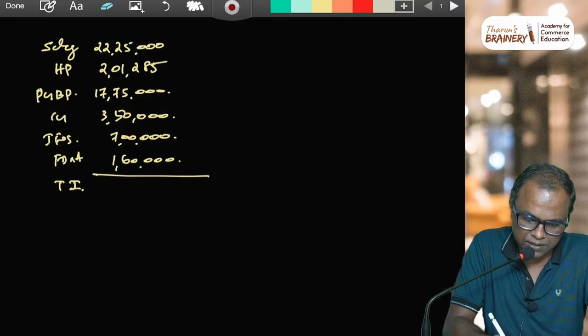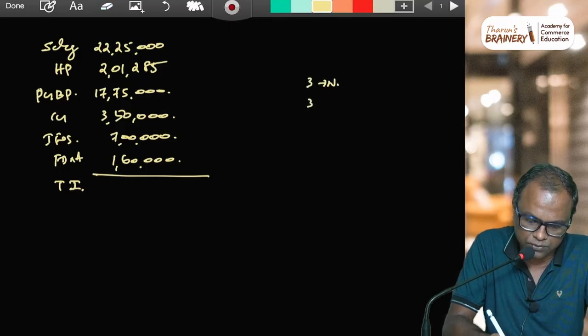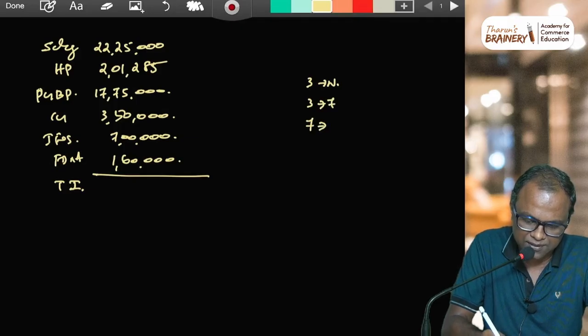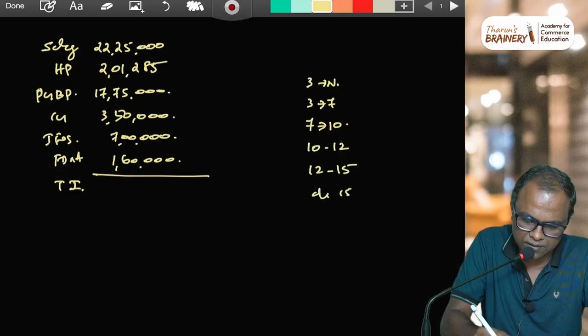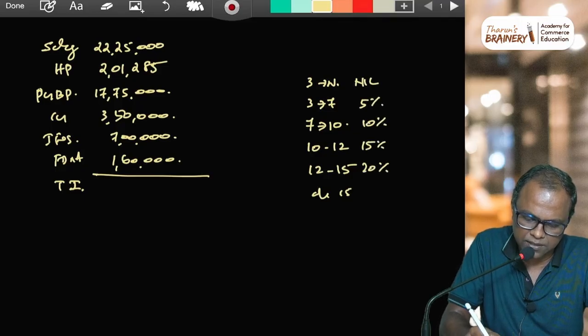What is the 115BAC rate? Up to 3 lakhs nil, 3 to 7, 7 to 10, 10 to 12, 12 to 15, above 15. So nil, 5, 10, 15, 20, 30.